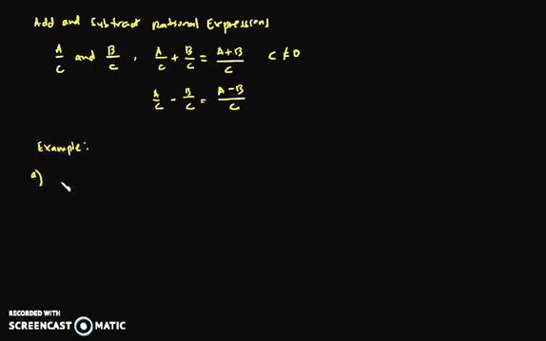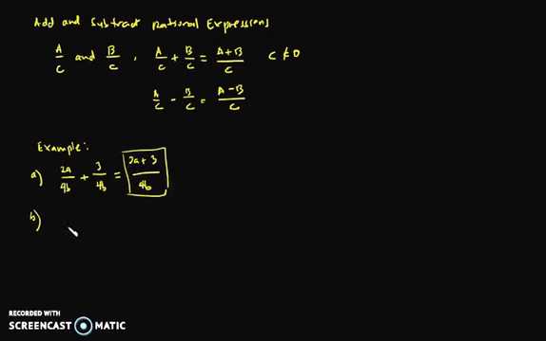For the first example, we have 2a over 4b plus 3 over 4b. First thing is to check if the denominator is common. We have a common denominator, so just copy 4b, then add the numerators. In this case, this will be 2a plus 3. That's your first example.